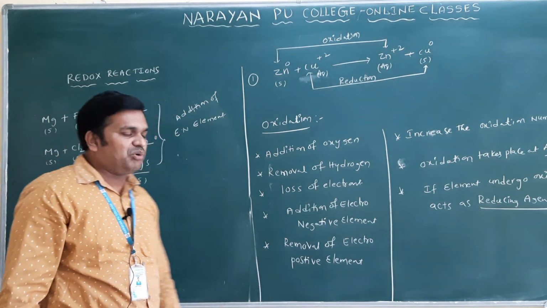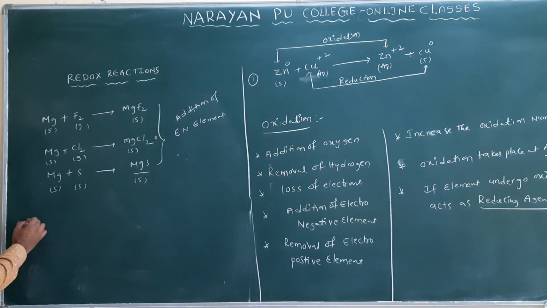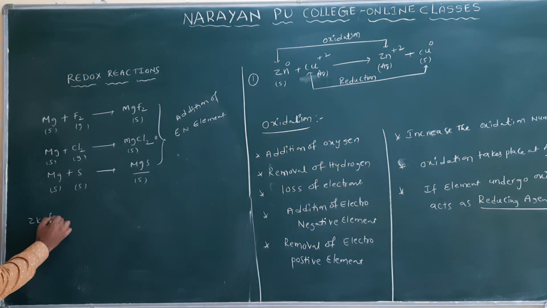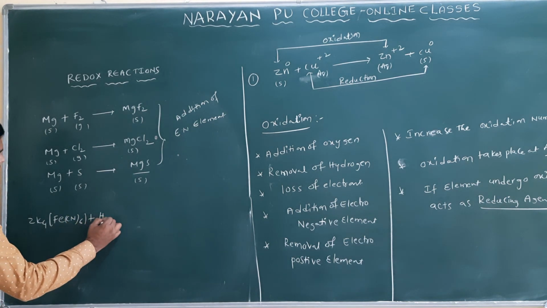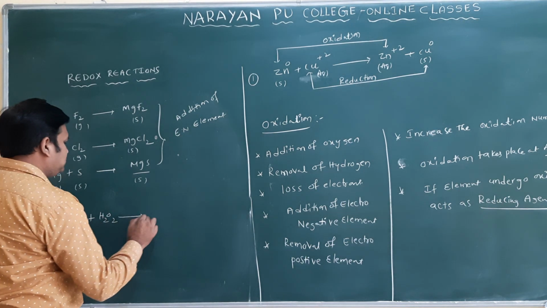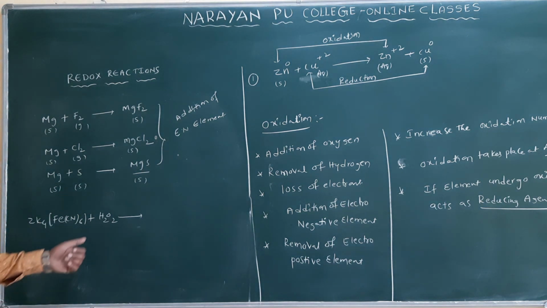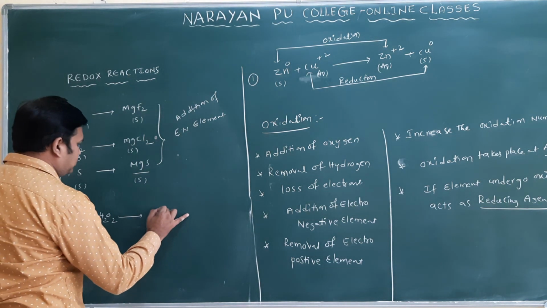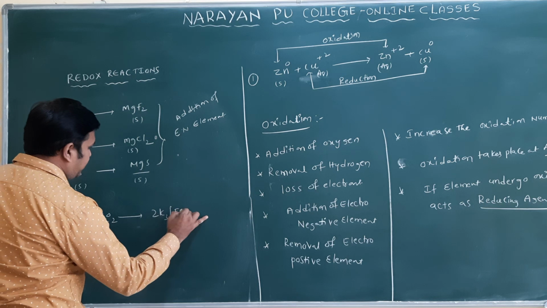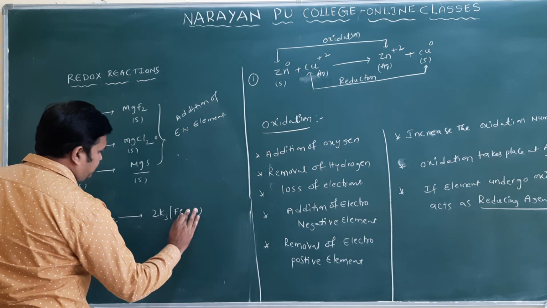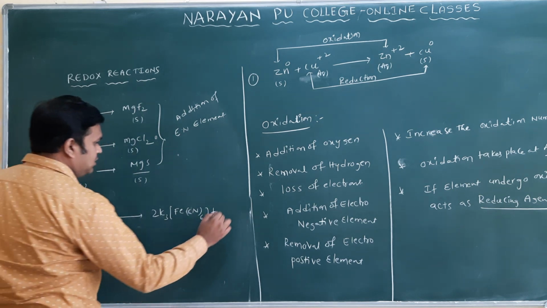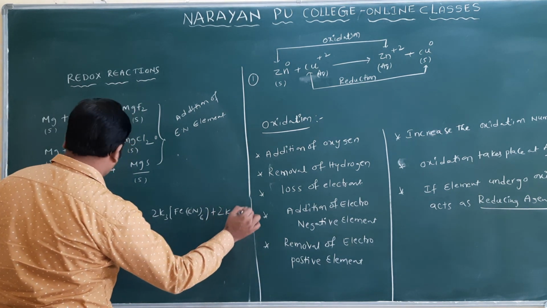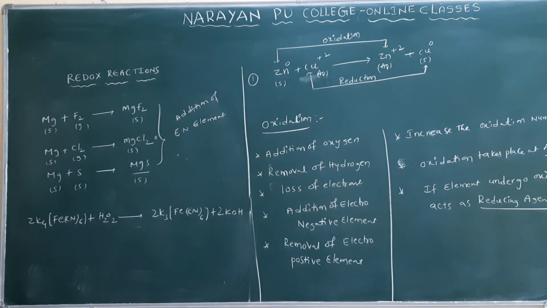Okay. Next you can see removal of electropositive element only. Let us see one example we have. This is potassium ferrocyanide reaction with H2O2. You will get 2K3Fe(CN)6 plus 2KOH only.